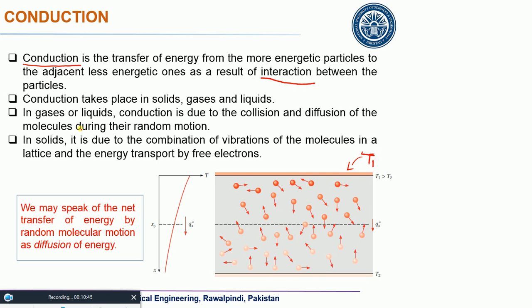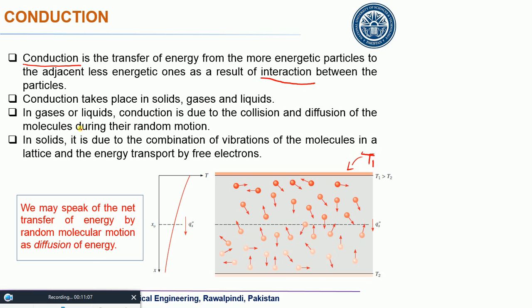Now diffusion means traveling of the molecules from one point to the other. Let's say I spray a bottle at this point. After some time you would also feel that smell within this room.